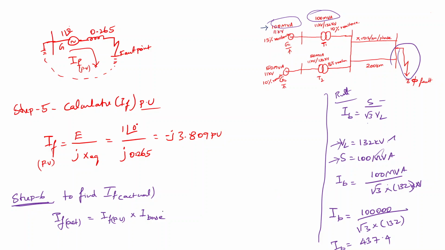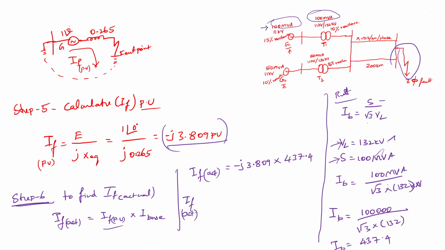Now I need to find out IF actual. IF actual is equal to IF per unit value. How much is IF per unit value? It is minus J 3.809 into the I base value, 437.4. So what is the IF actual value? Calculate and tell me. Just multiply these two.